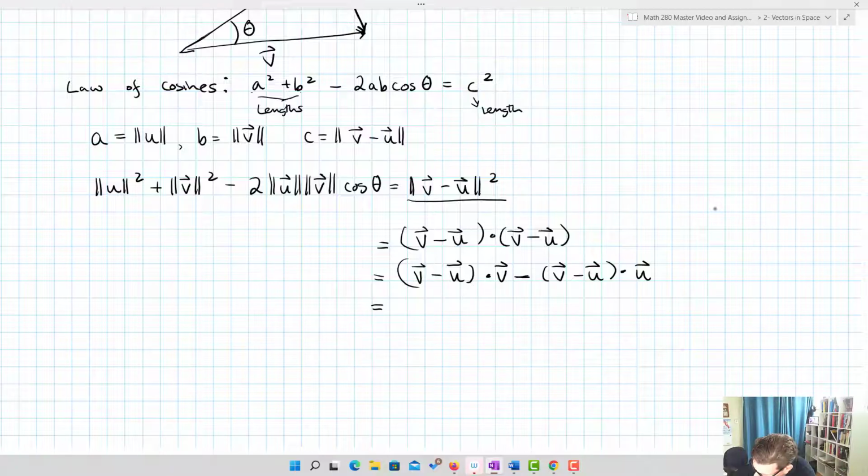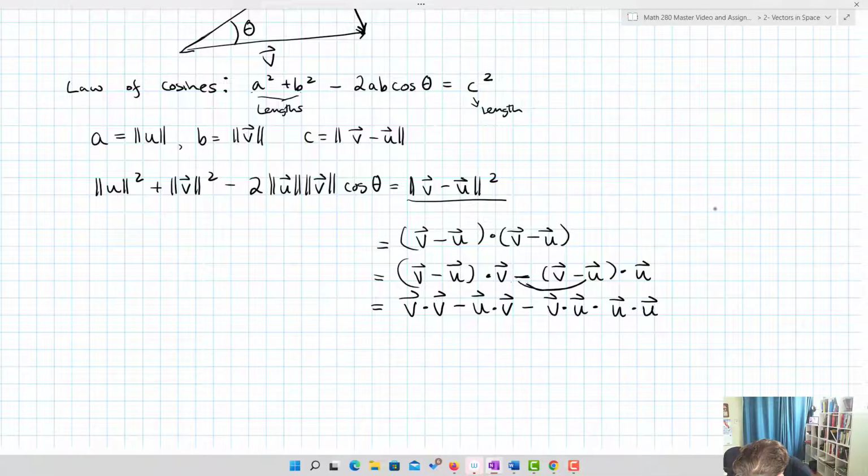Now we can distribute again, and we end up with v dot v minus u dot v, minus v dot u plus u dot u. Because you've got a negative negative, just to make sure everybody catches that's where that negative comes in.